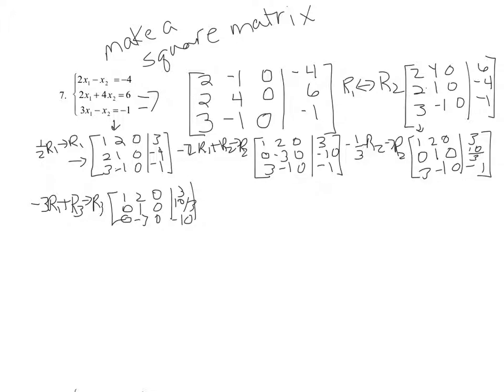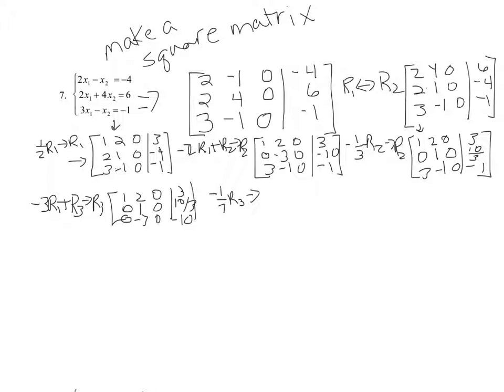Okay, I need that negative 7 in the bottom row to become a 0. So in order to make that happen, I will need to multiply negative 1/7 times row 3 to get my new row 3. Oh, no, I'm sorry.